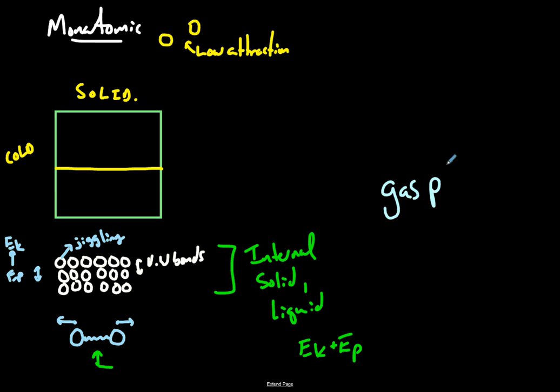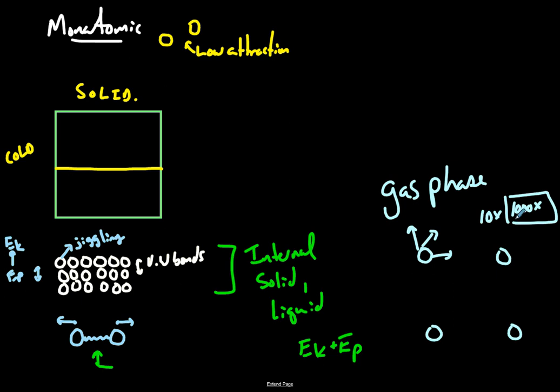In the gas phase, especially in an ideal gas like a monatomic gas would be, now there's no attraction between them, right? And they've also massively expanded their distances apart, roughly about 10 times in each degree of freedom. So the volume of a gas is roughly 10 cubed, or 1,000 times the volume of the liquid or solid form.